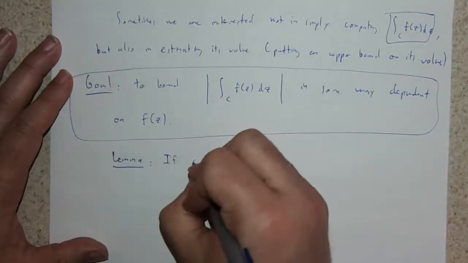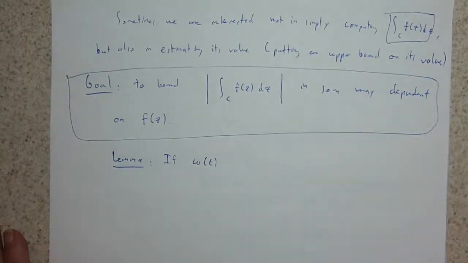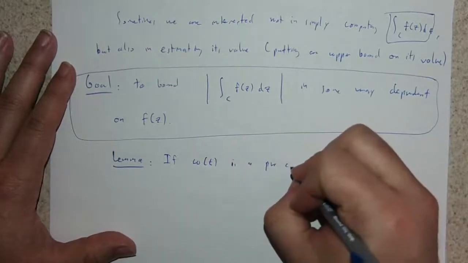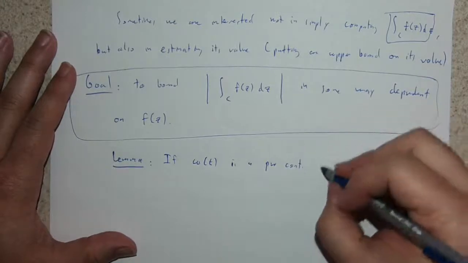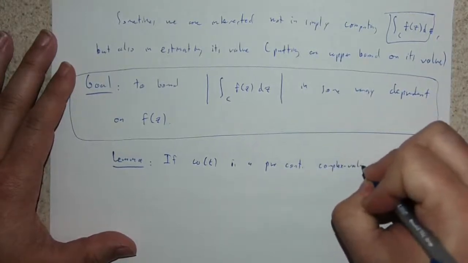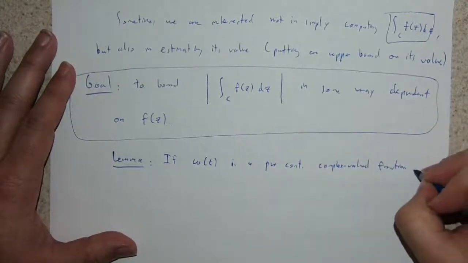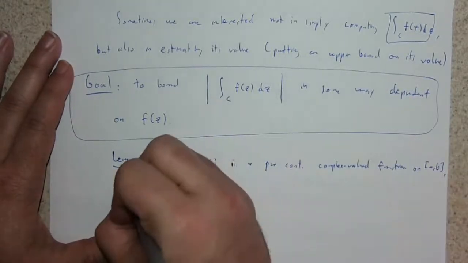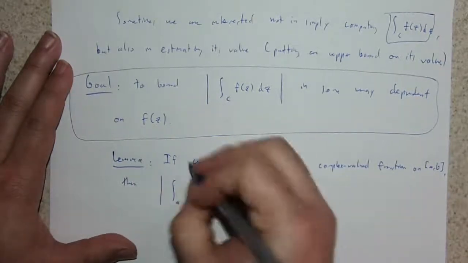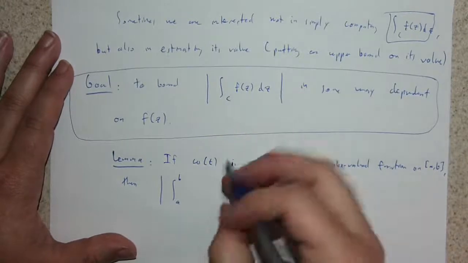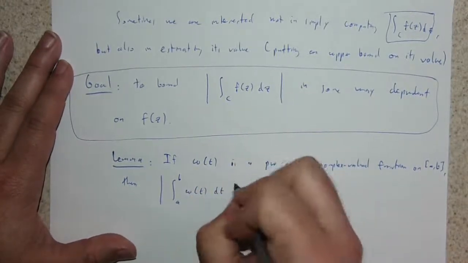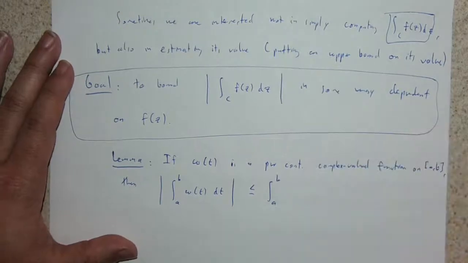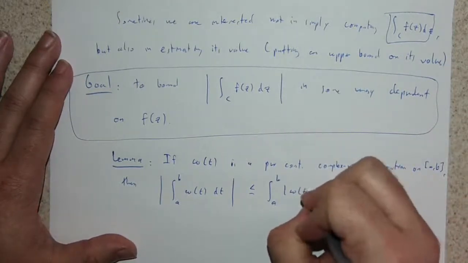If we have a complex valued function of a real variable, w of t, that is piecewise continuous on the closed interval a to b, then the modulus of the integral from a to b of w of t dt is less than or equal to the integral from a to b of the modulus of w of t dt.